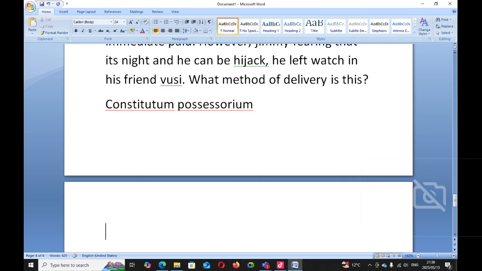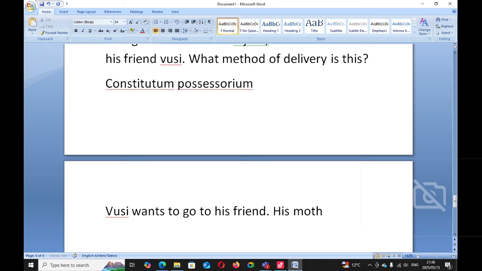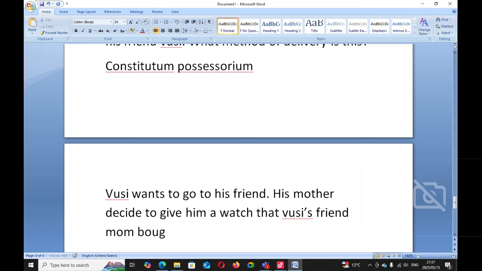Now, we said that Vusi wants to go to his friend. His mother decides to give him a watch that Vusi's friend's mom bought from Vusi's mother.